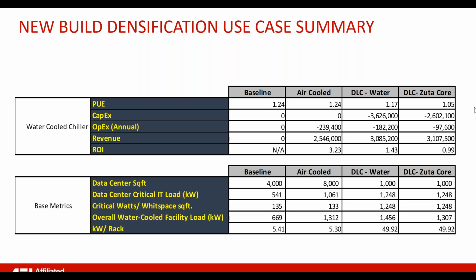Sure. So in terms of the components related to the Zuta-Core solution, we currently have a developed manufacturing supply chain to support that system, and we're prepared to be producing.